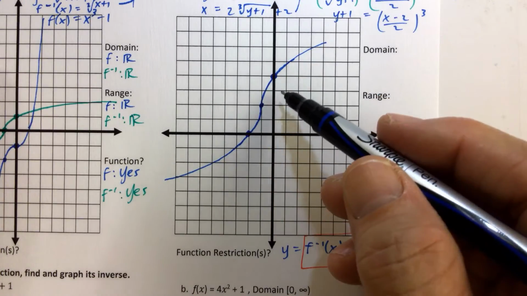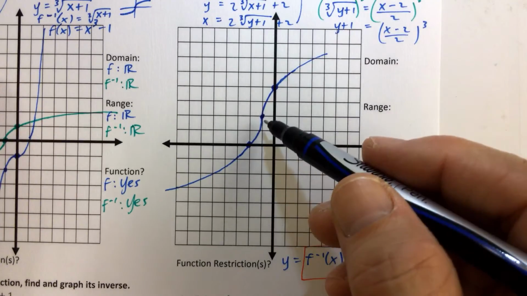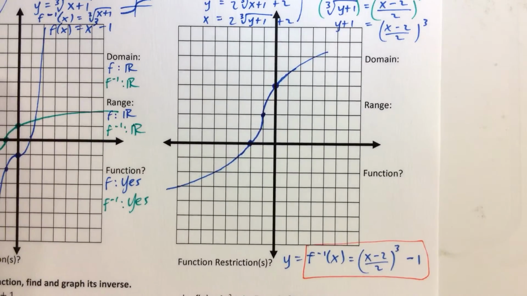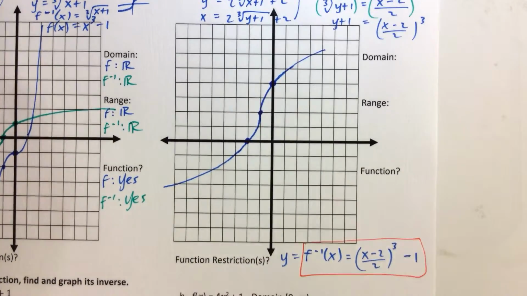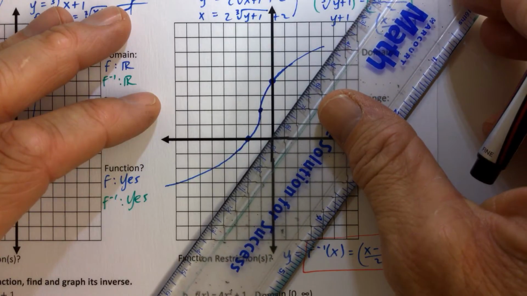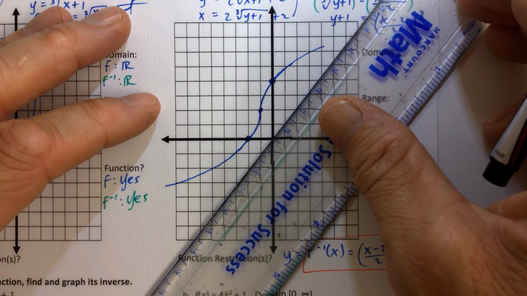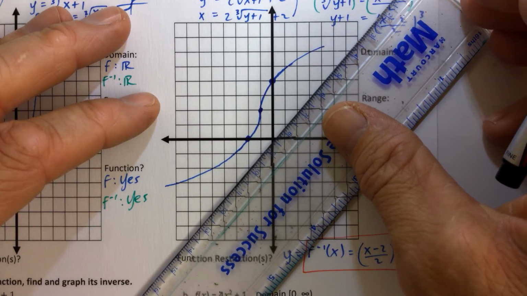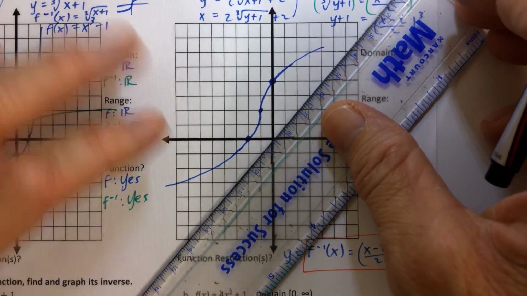So we're going to draw the graph of f inverse symmetrical with respect to the line y equals x. And I'm going to go ahead and draw that line on this one because it's going to help us see the graph better. And let me get this so that it looks right. Okay.